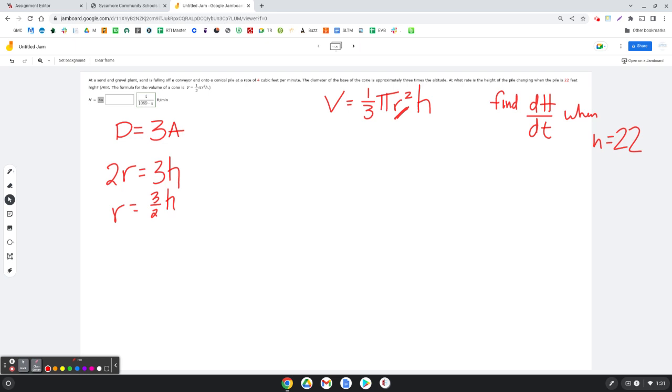So now we go over here, and this is just going to be a lot of algebra. Volume is 1/3 times pi times 3/2 h squared times h. I'll just call that pi over 3. 3/2 times 3/2.